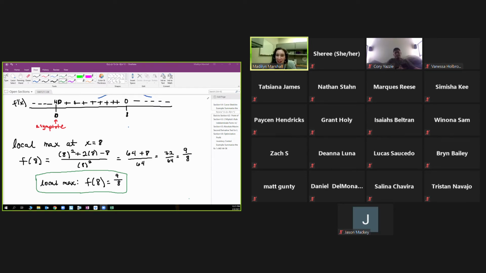So we have used everything that we did in section 4.1 to find out all we can about the function from the first derivative. So our next step, step 3, is going to be about the second derivative. Are there any questions about this first derivative stuff before we go on to step 3?